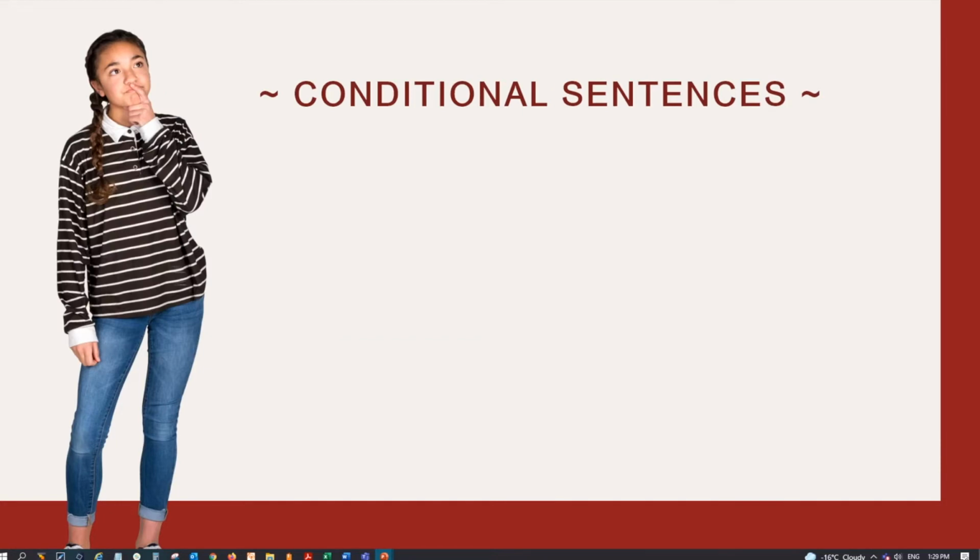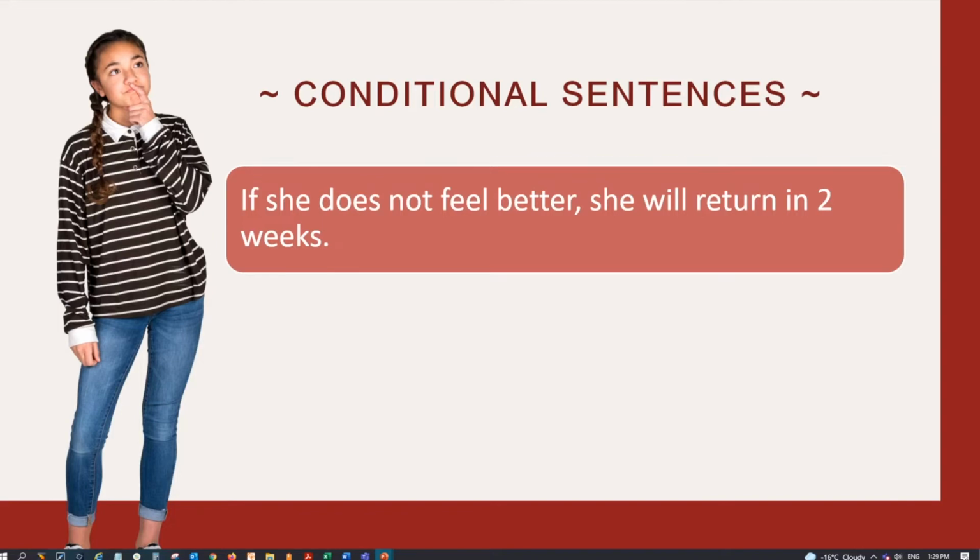Okay, conditional sentences. I wanted to touch on these as well. If she does not feel better, she will return in 2 weeks. So we have a condition here, if she does not feel better, and then we have a main clause, almost like if this happens, this is the result.